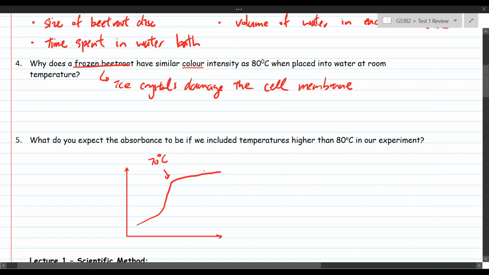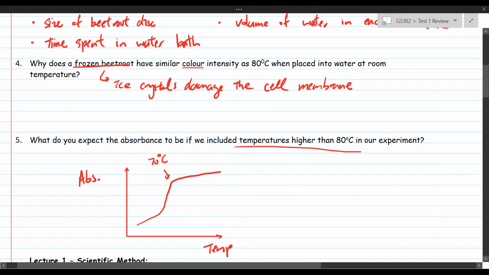Afterwards, it's just kind of flat, it's not rising anymore. This is absorbance, and this is temperature. So if we heat it up any further, absorbance should remain unchanged.